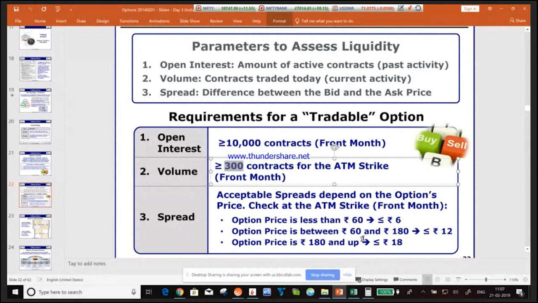If the option price is between 60 and 180, the spread is 12 rupees. And if the option price is 180 and up, it is less than or equal to 18 rupees. So if you see, 10% of the option price is a fair spread that you can accept.